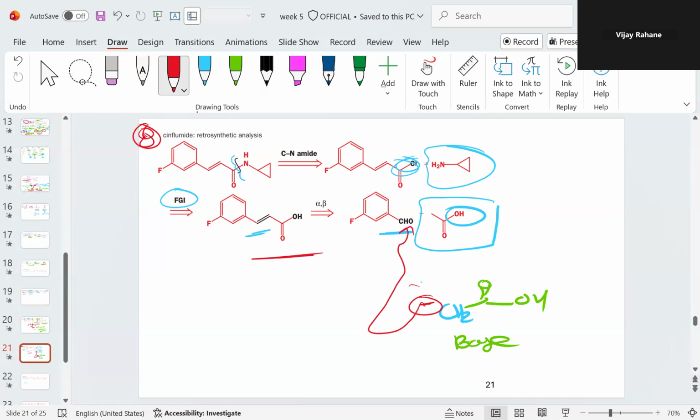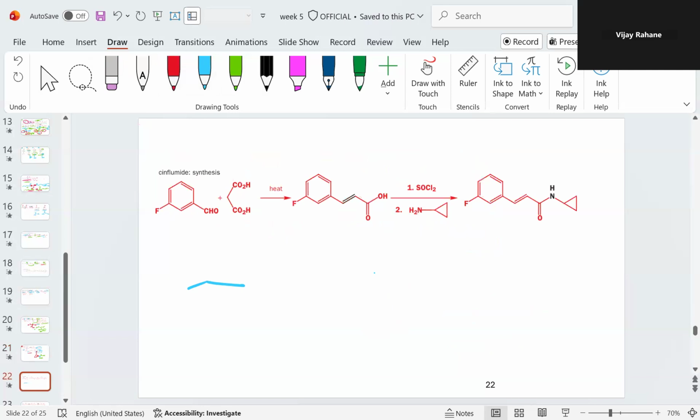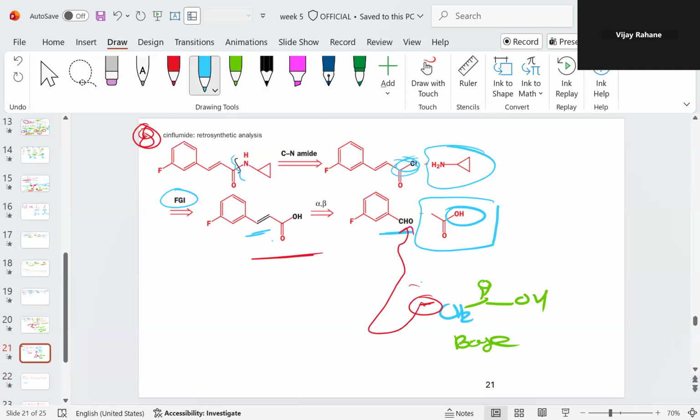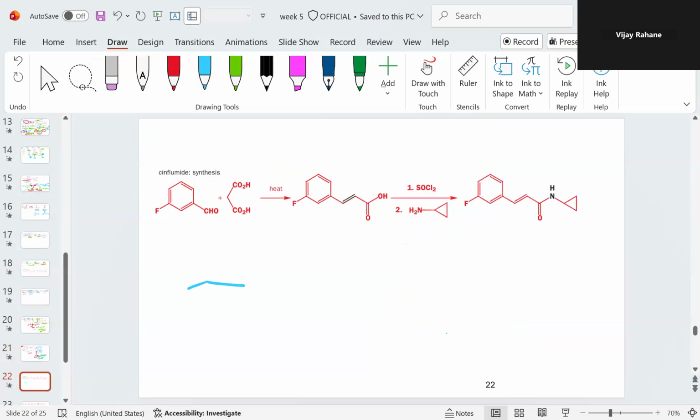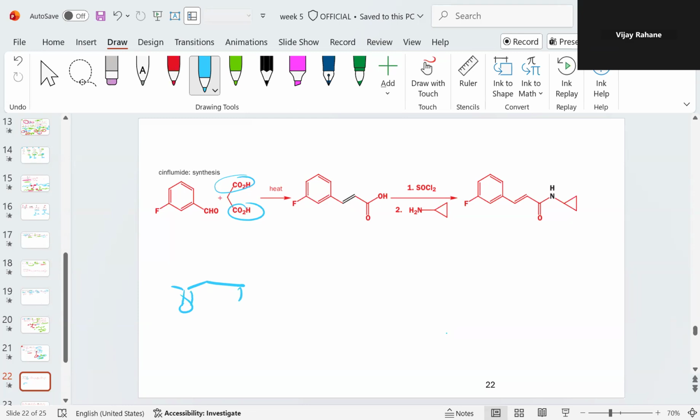But that approach we can't use. We have to use this diethyl malonate, because if you add the base, this acid plus base can form the salt, and the reaction just gets stopped there. But in diethyl malonate, also in malonic acid, these protons are more acidic and are very labile protons.